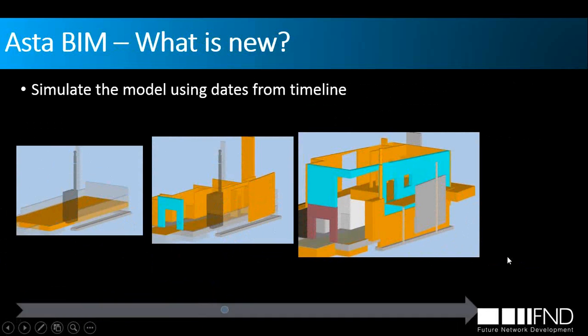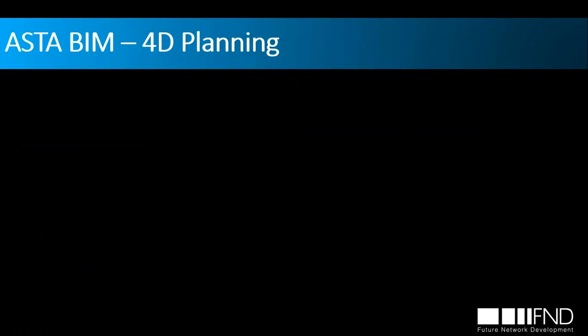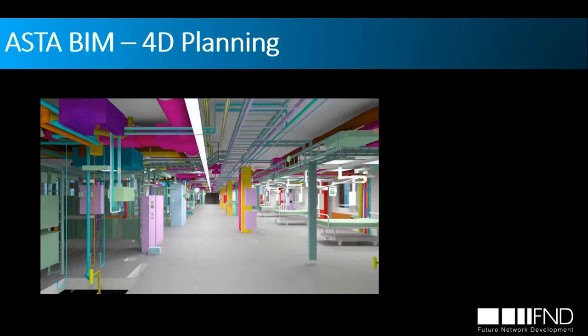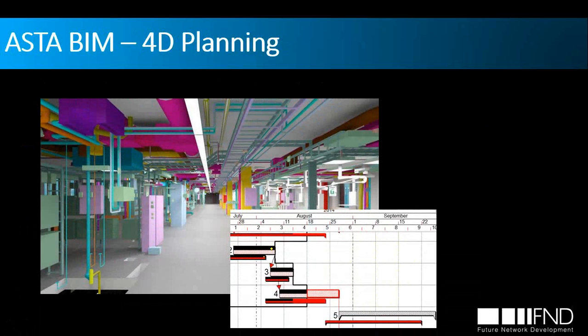So we can simulate our model using the time axis. So what Asta Powerproject gives us possibility is that we are extracting the 3D model, which is written as an IFC file, and in our Asta project we can add the time and we can have 4-dimensional planning.